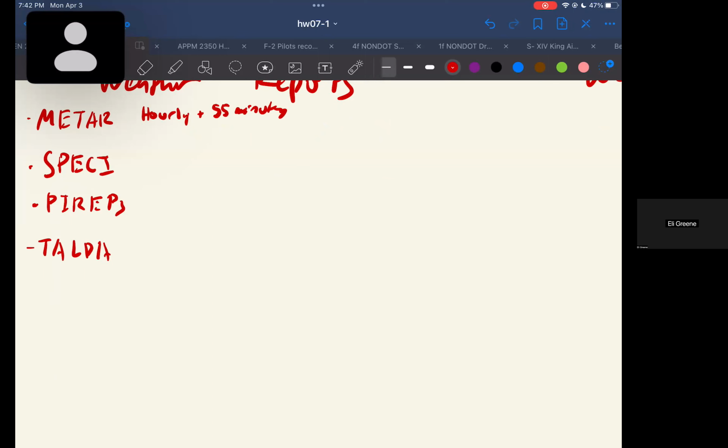So METARs are essentially going to talk about where they are, what the time is, and then they're going to have wind, visibility, runway visibility, and all kinds of that stuff. Can you pull up the METAR description and we'll just walk through it?